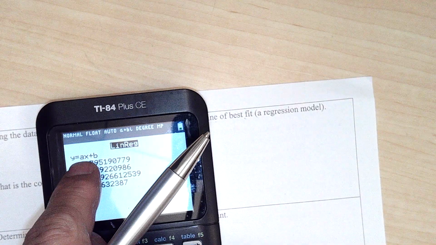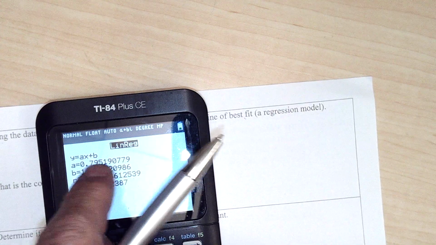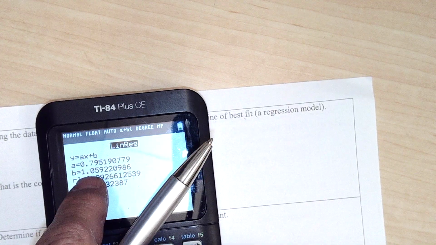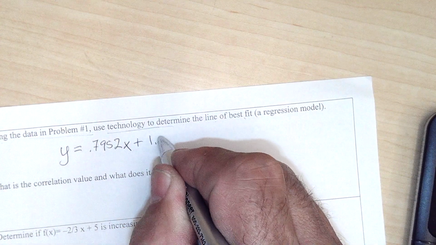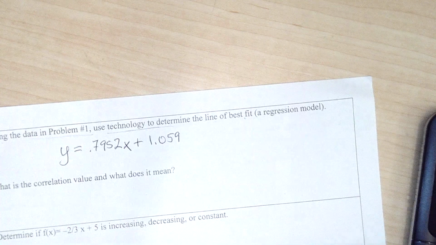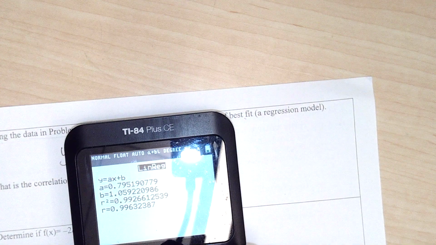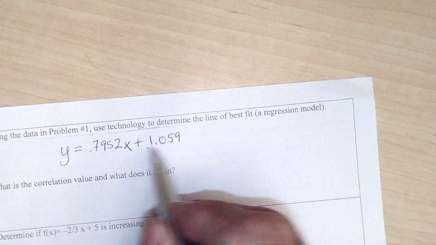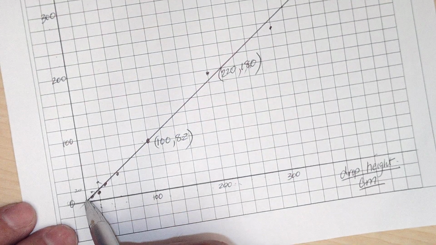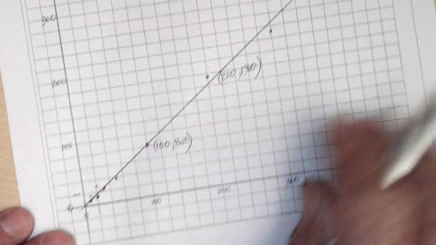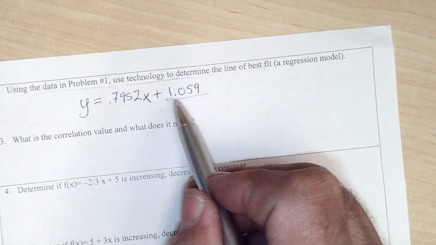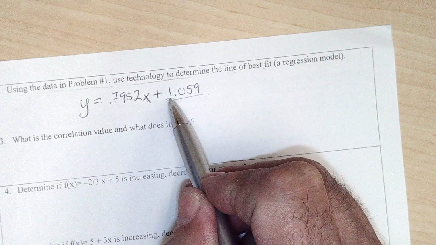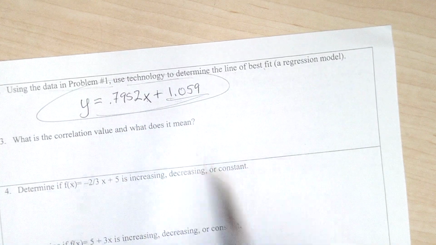Notice it says a times x, and that's the a that goes there, plus the y-intercept of 1.05922, so I'm rounding it off. So it picked a height a little bit more than 0. So it's saying, this model says if I drop it from 0, it's going to bounce 1 centimeter. Doesn't make sense, but that's what this model predicts.